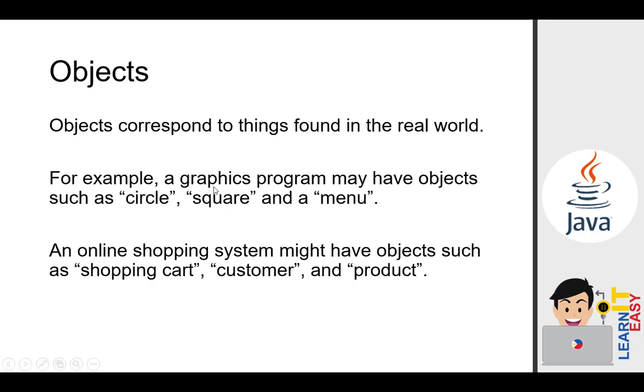Kunwari, kung meron tayong graphics program, objects yung pwede nating i-compare doon sa mga nakikita nating mga circle, square, at yung mga menu na makikita mo doon. Kung meron naman tayong isang online shopping kagaya ng Lazada or ng Shopee sa local version sa Philippines, yung shopping cart, ikaw bilang customer, at yung mga products na tinitignan natin at binibili natin, lahat yan ay objects dun sa programming side ng ating application.